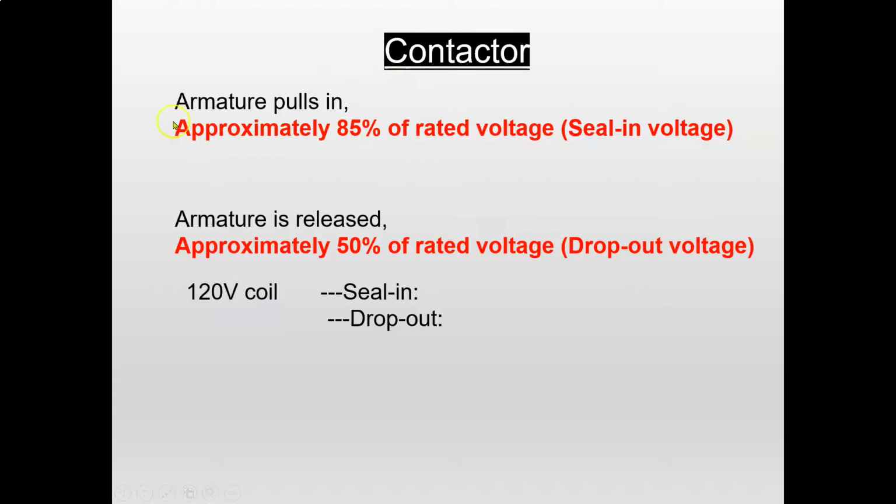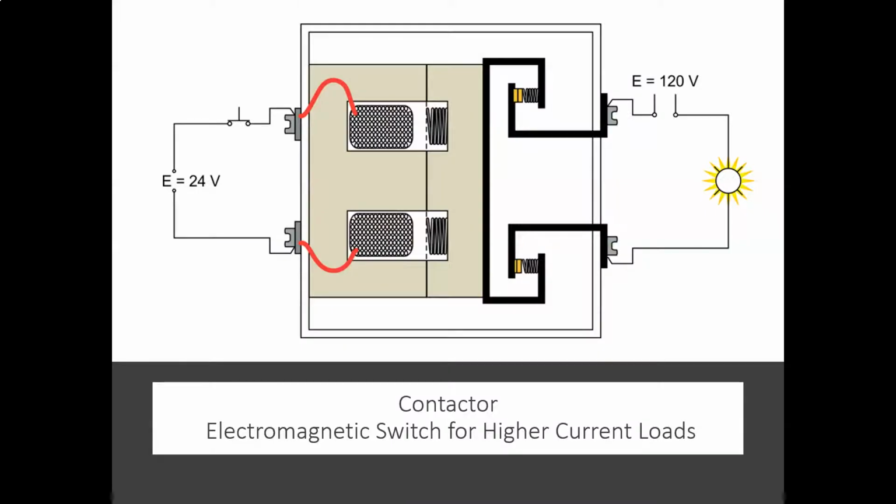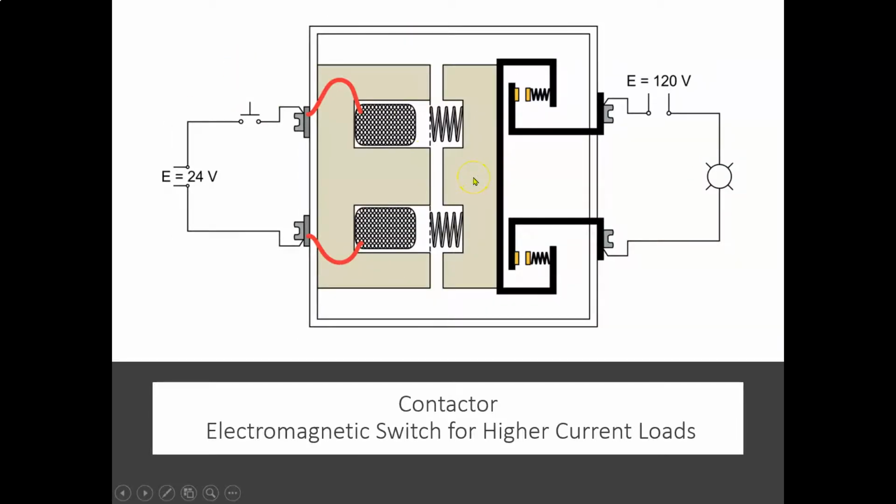Talking about contactors, there's something called pull-in or seal-in and drop-out voltages. So your seal-in voltage is how much voltage I need to actually move my armature, seal in, and get my contacts to actually close, right? So when I apply, say this side here is 24 volts, how much voltage do I have to have to actually get this guy to move?